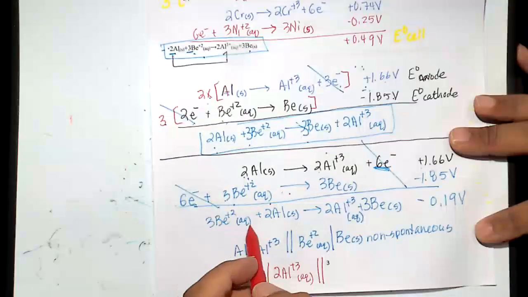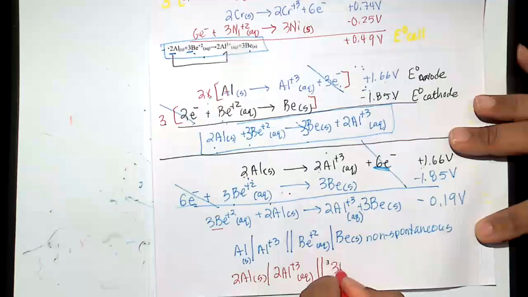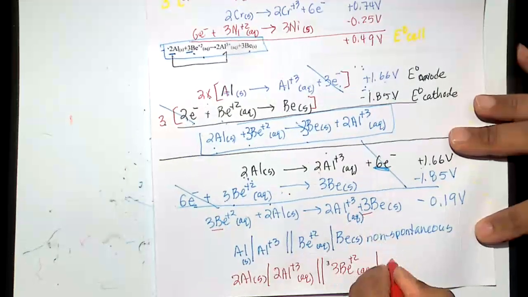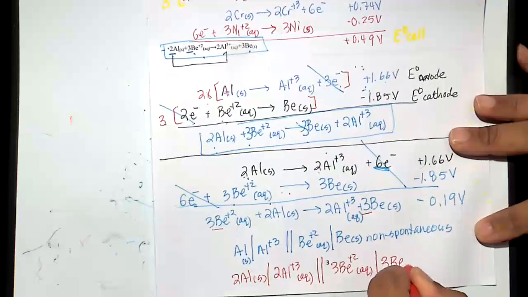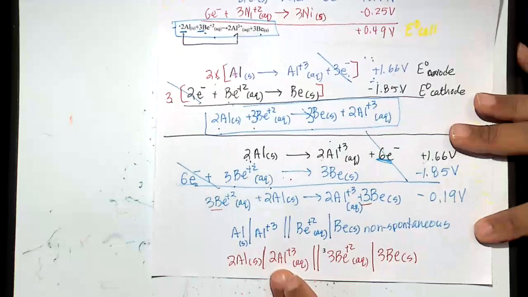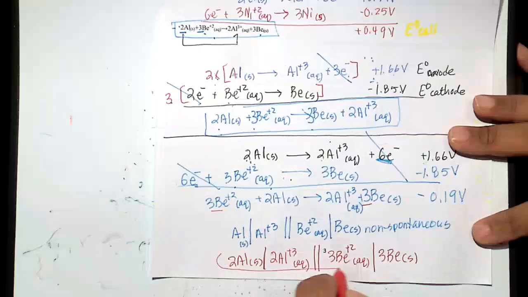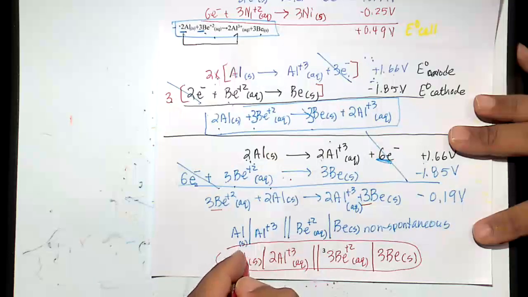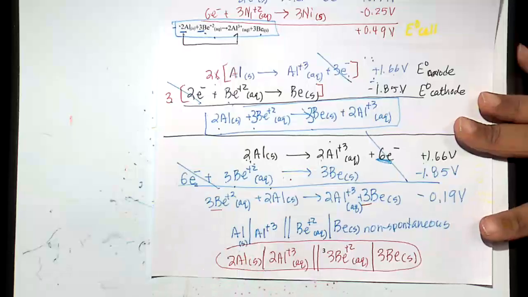Salt bridge is 2 lines. 3Be plus 2, this is the cathode couple. One line, and then 3Be solid. So this is probably a better answer because it takes into account the stoichiometry.